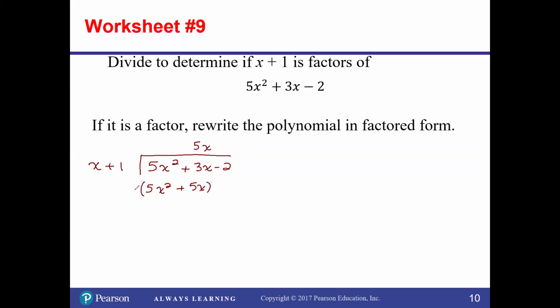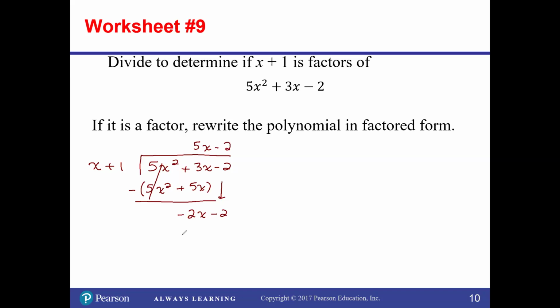And as a reminder, this is being subtracted. So this cancels. I have 3x minus 5x. I'm left with negative 2x. Bring down the next term of negative 2. So can I divide negative 2x by x? Yep, I can, and I'm just left with negative 2.